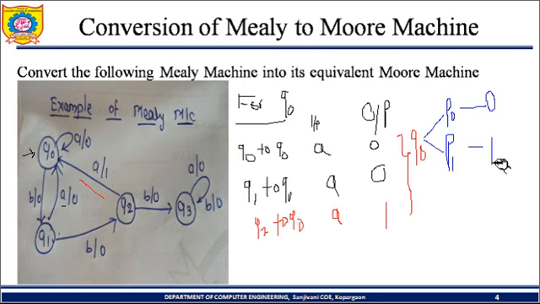If there is one more output, for example 2, then I have to split the given state into 3 different states, like this.